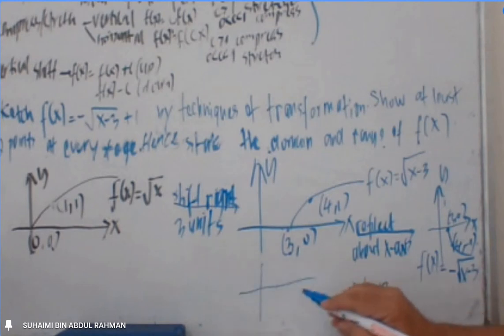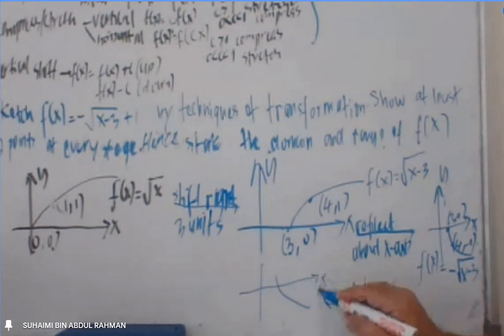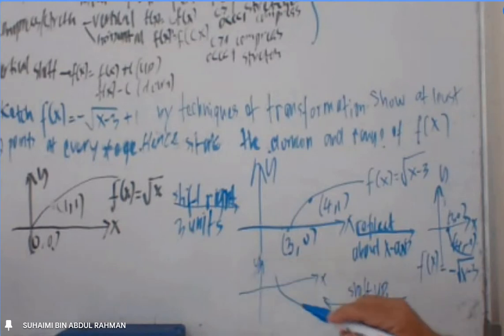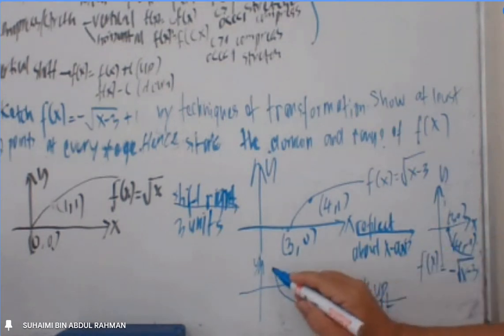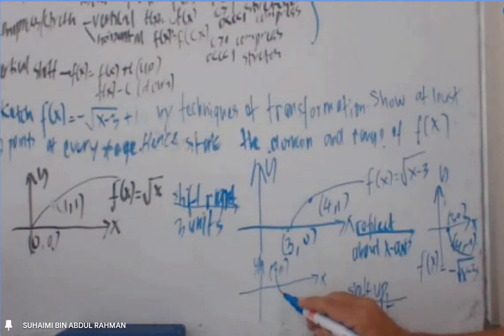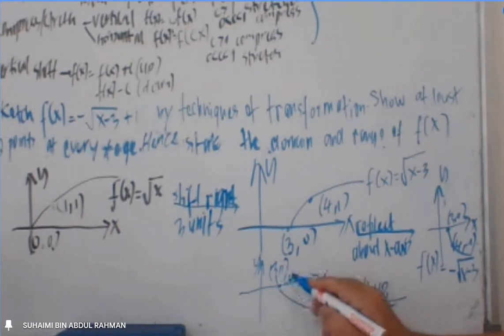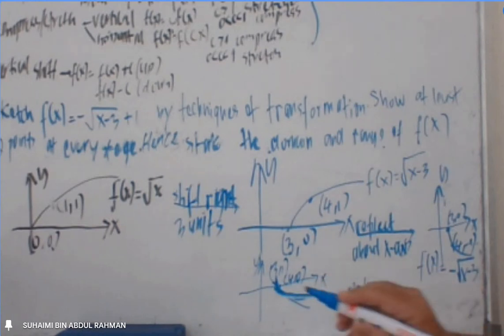So our graph will become like this. We go up 1 unit. So the point 3, 0 will go to the point 3, 1. And the point 4, negative 1 will go to the point 4, 0. Right, so this is the last.